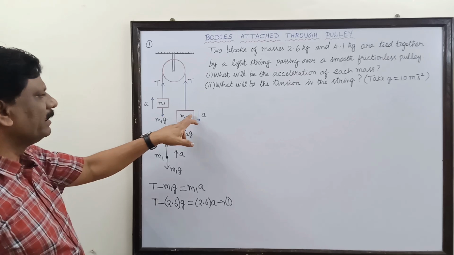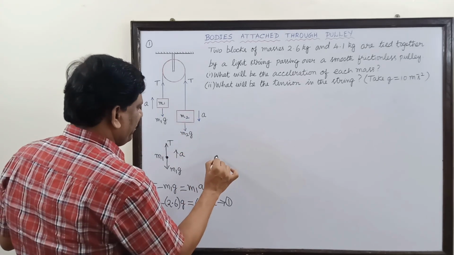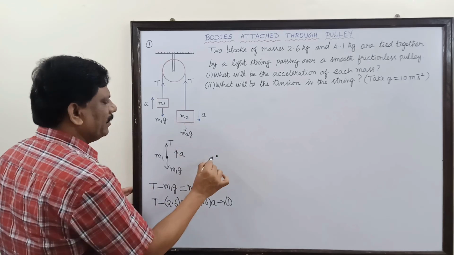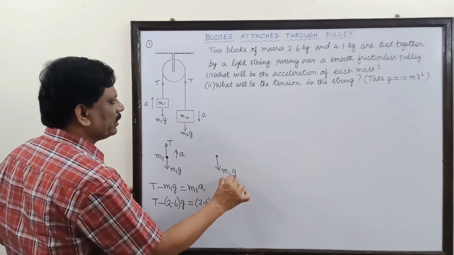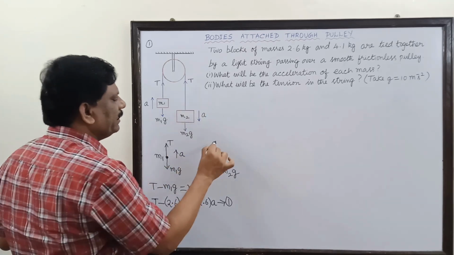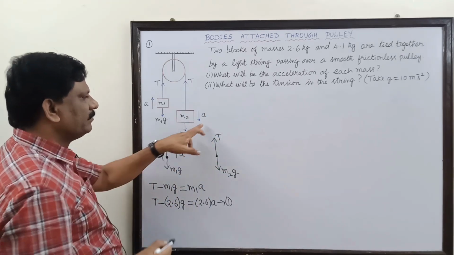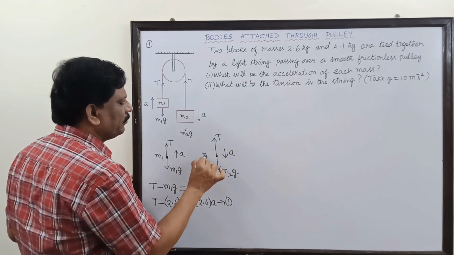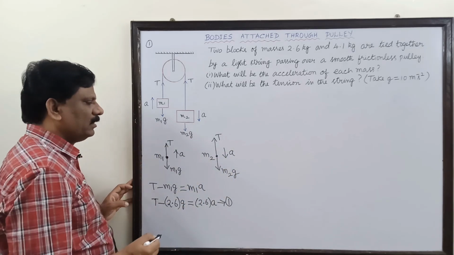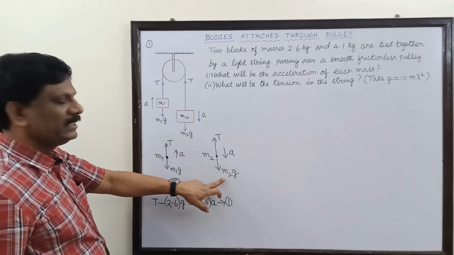Similarly, the free body diagram for mass M2. So M2g is acting in the downward direction. And T, the tension, is acting in the upward direction. And this time the acceleration also is acting in the downward direction. So this is M2a. If I write the equation, T is upward, M2g is downward.